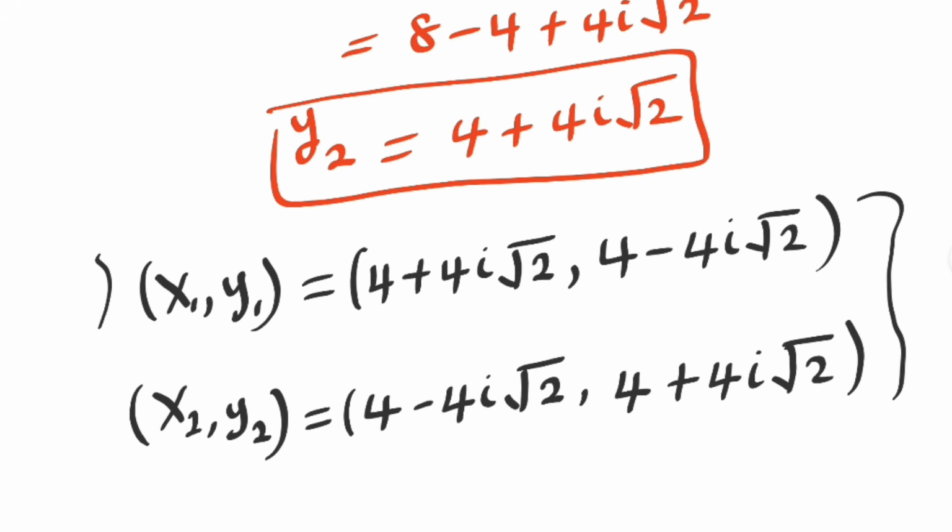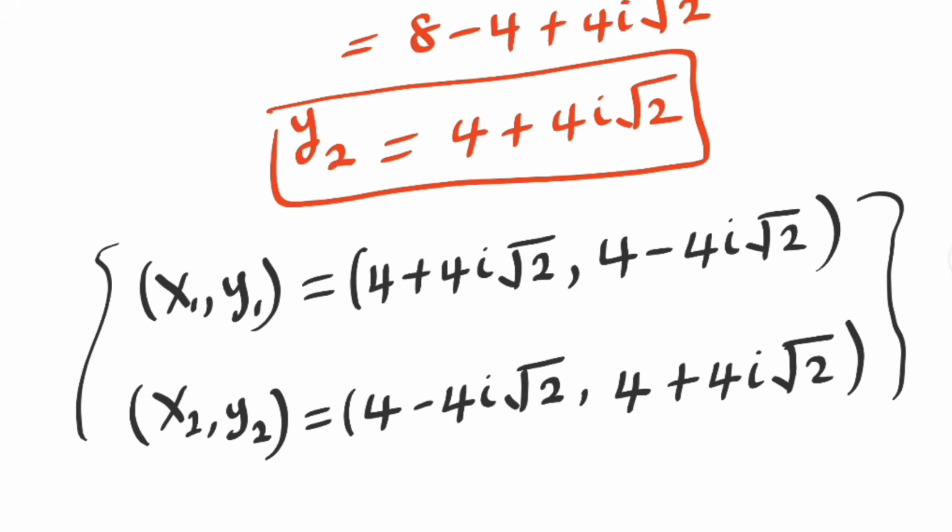These are the corresponding values of x and y. You can see that the value of x1 here is equal to the value of y2 here, and the value of y1 here is equal to the value of x2 here.